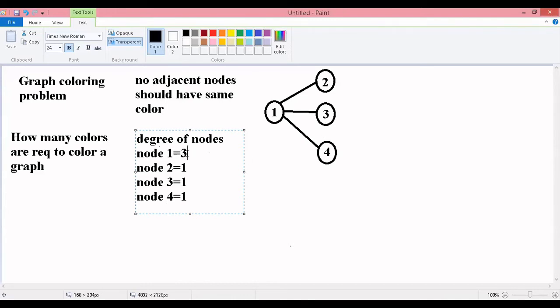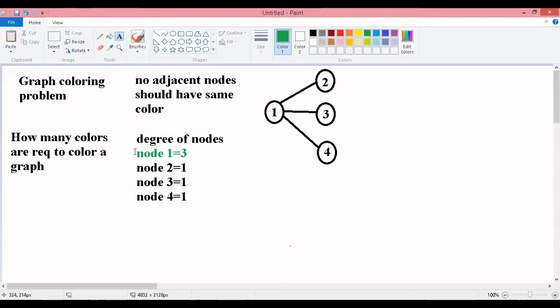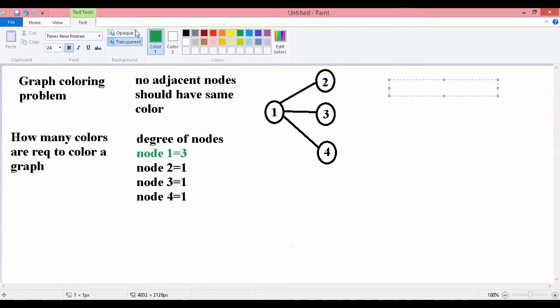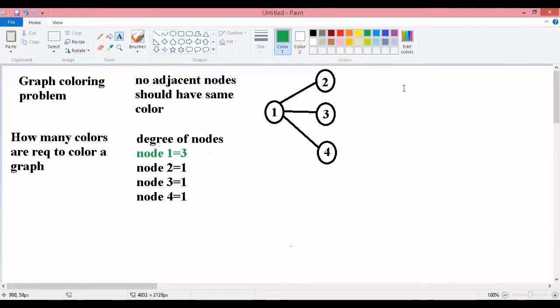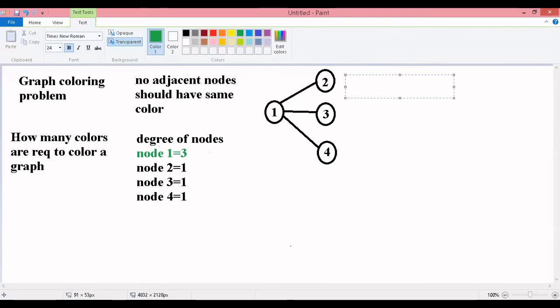Now take the maximum among these; the maximum is this one. So the degree of this particular graph is equal to 3.